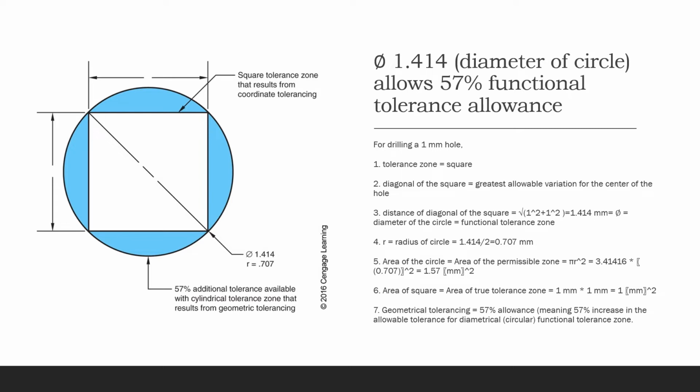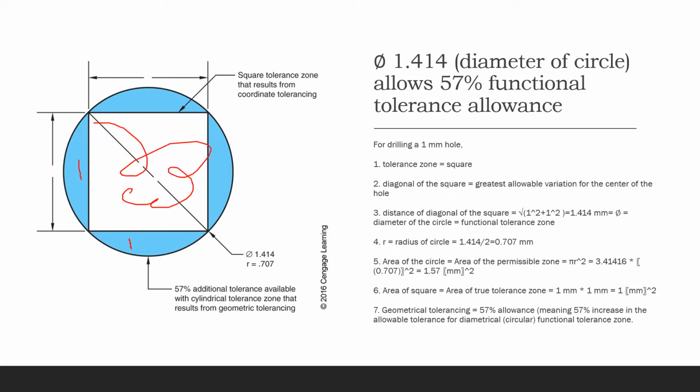Multiply it with r squared, which is 0.707 squared, and you will get 1.57 millimeter squared. So now we get the area of the entire circle, 1.57.